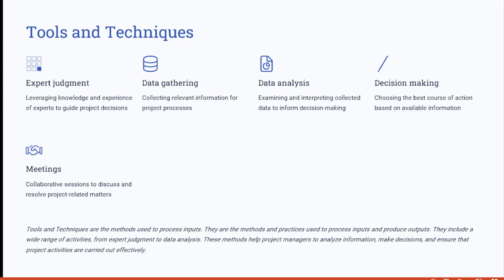The key tools and techniques that you might see in most of the processes are mainly expert judgment, data gathering, data analysis, decision making, and also meetings. These are all tools that help you to navigate through the inputs and help you to produce the outputs.